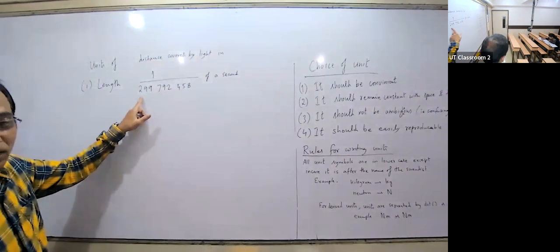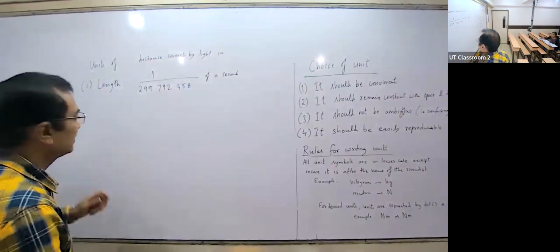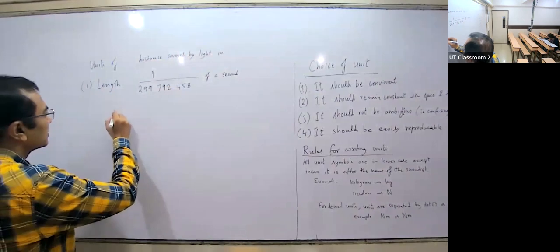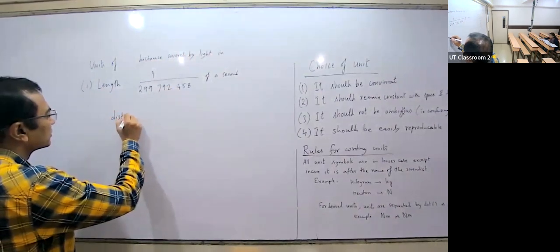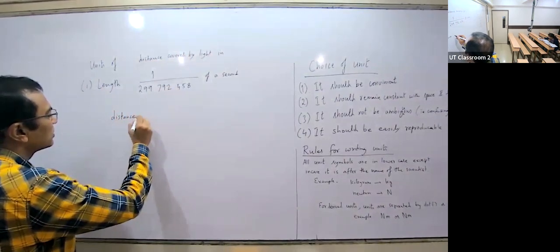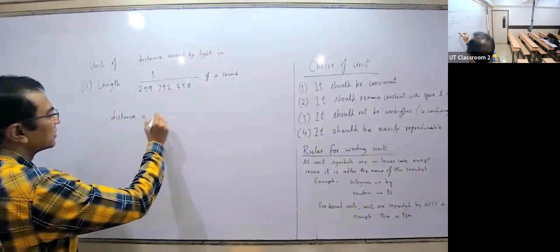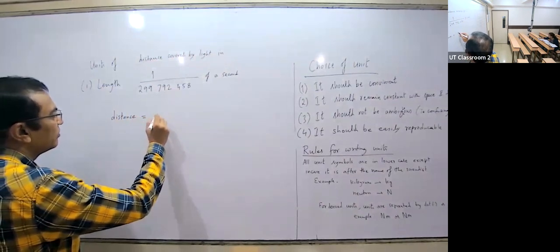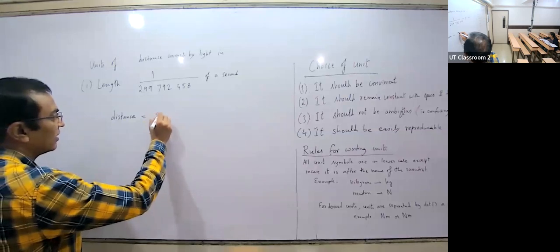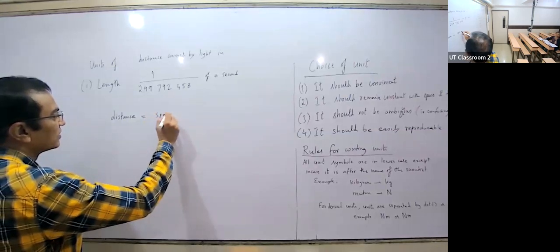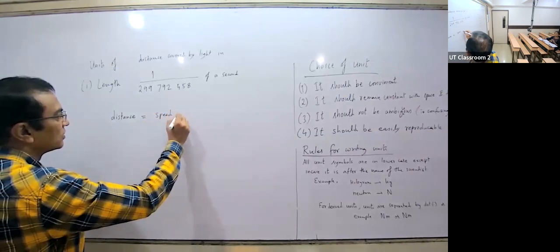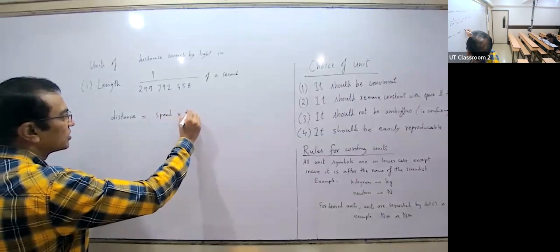So what is this number? Any idea? So what is speed of light? So how do we get the distance? What is distance? Speed of light into time. This is how it is.